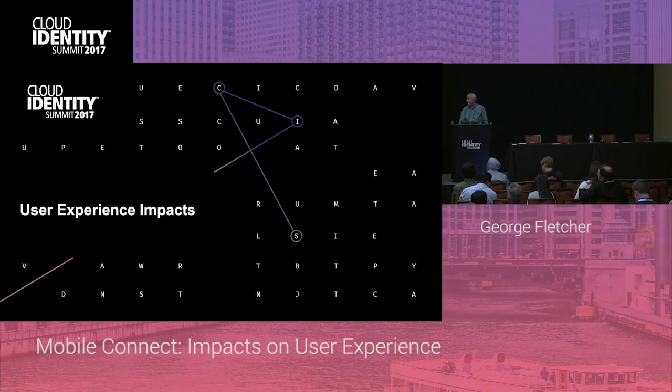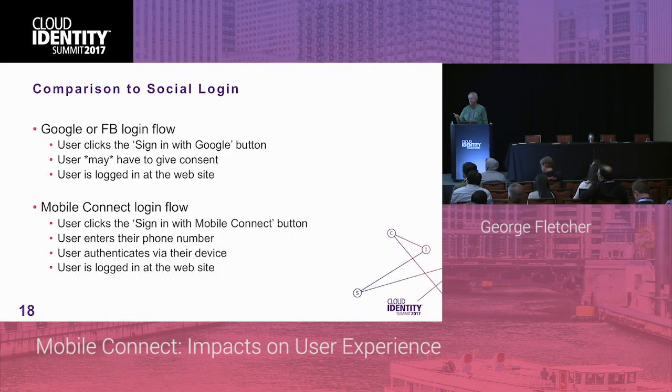So what happens here? A couple of things. If you think about social logins today, if you're already logged into Google, and the site you're going to is using account chooser or happens to know your Google email address already, and all you want to know about this user is whether they are logged in and whether this is the email address of who's logged in, you basically hit the sign in with Google button, and you're logged into the website. One click.